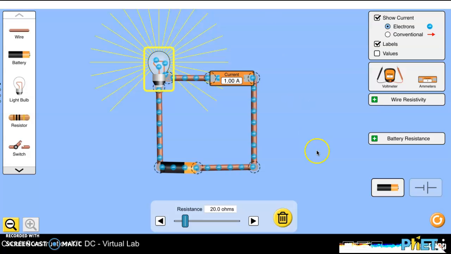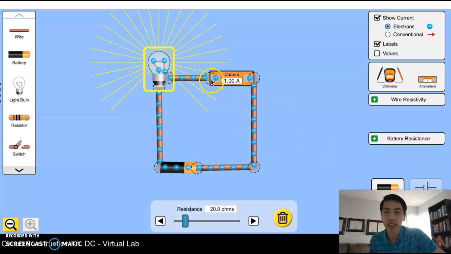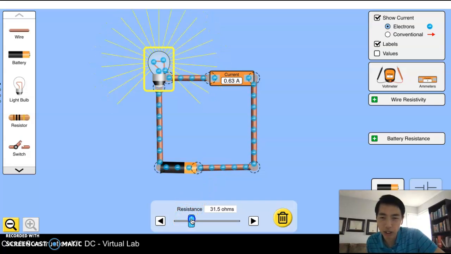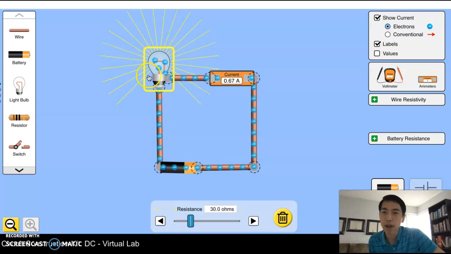So when I have 20 divided by 20, I get an answer of 1. And I can set my resistance to 30 ohms. So now my resistance is 30 ohms. If I take 20 volts divided by 30 ohms, 20 divided by 30 is 0.6 repeated, or 0.67 when you round it.